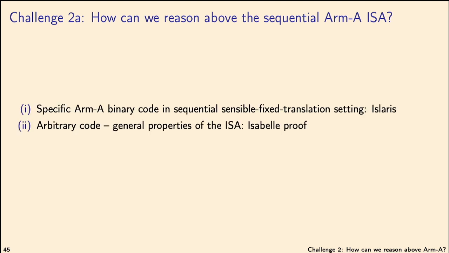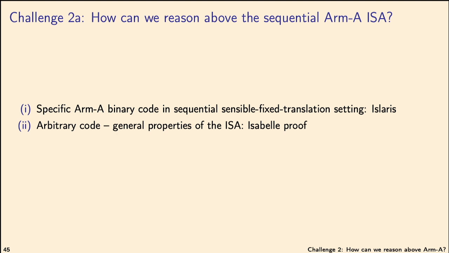So there are two kinds of problem here, which are really very different, right? One is, can you reason about specific bits of binary code? Or maybe code abstracted on some relocations or some register names or some immediate values, but more or less specific bits of binary code.